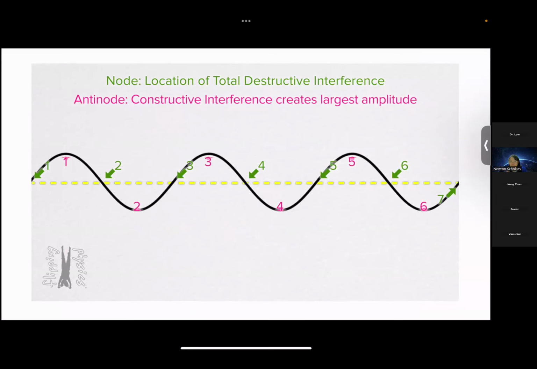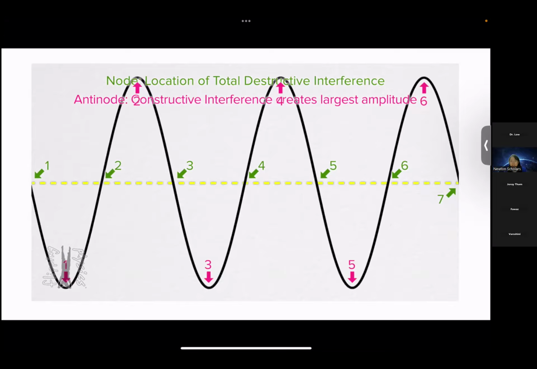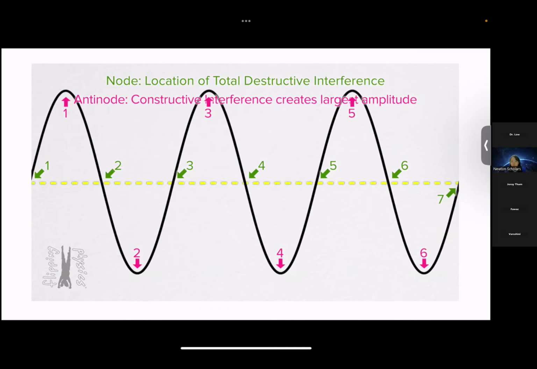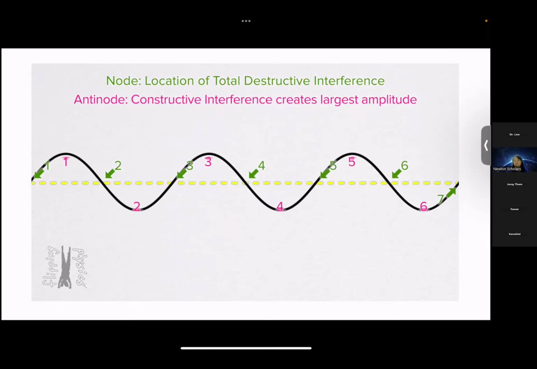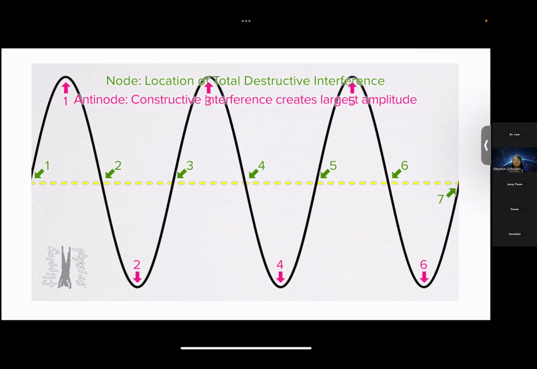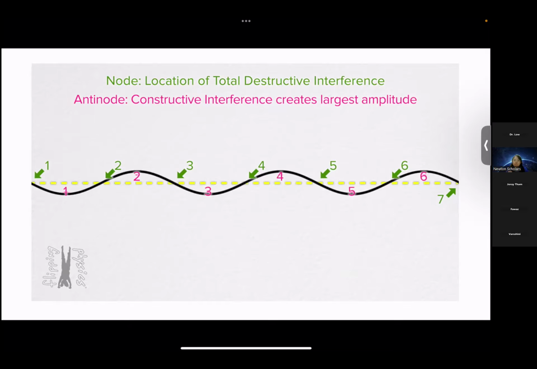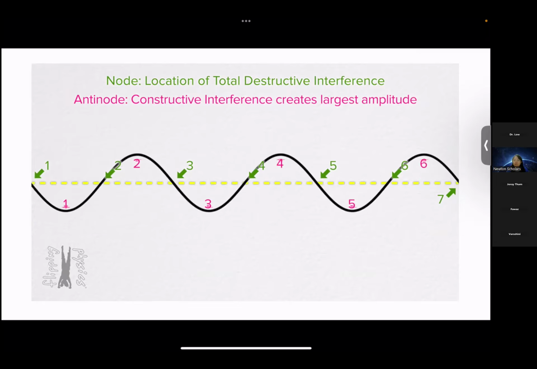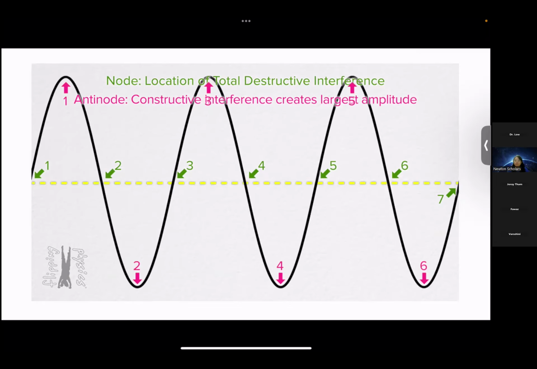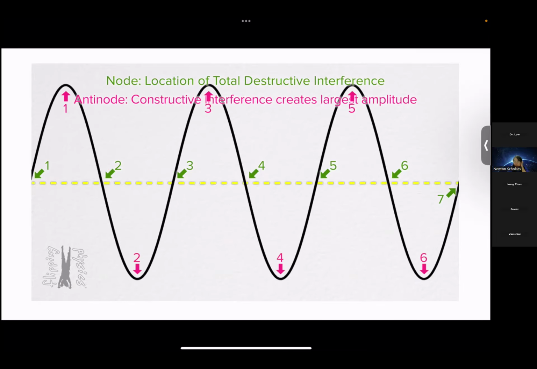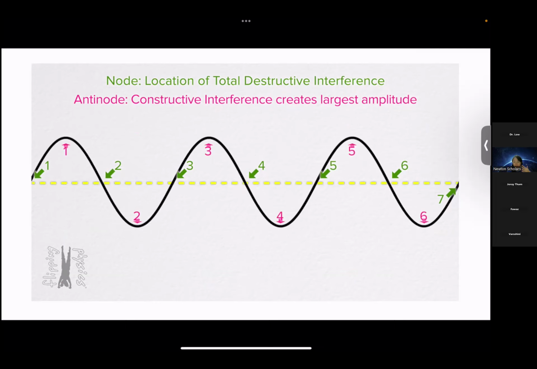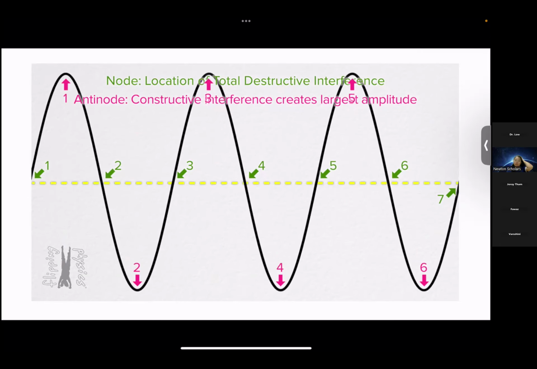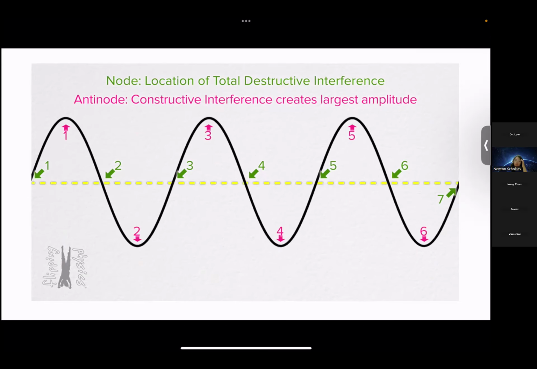Wesley, after T, it will exactly go back to the original position. But before you complete 1T, it will have different positions. So they ask us to sketch out the position of your wave when the time is 1 over 4 T. Wesley, you can tell me your confusing part so that I can explain to you.